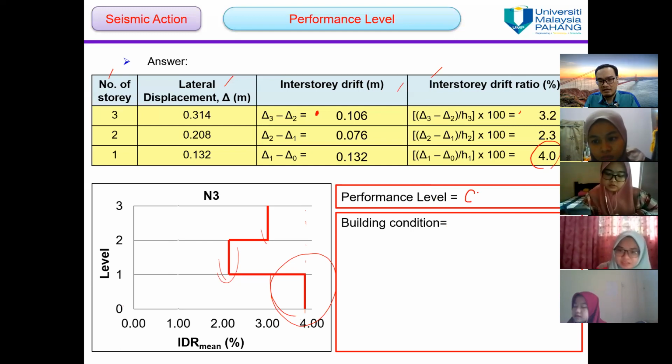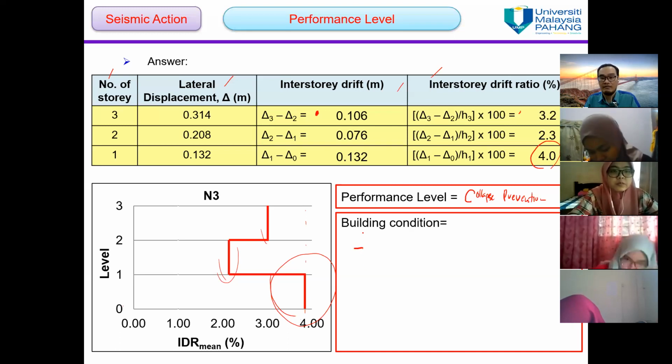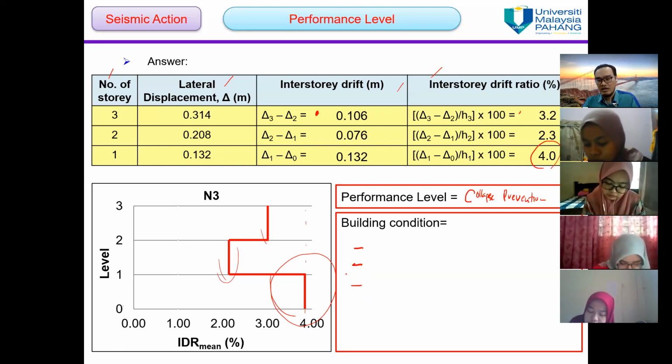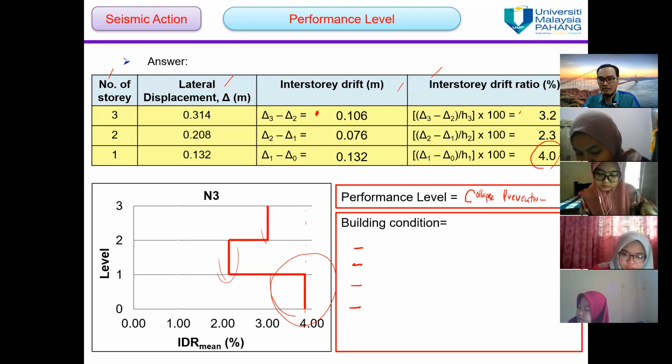Yes. Then you have to write down the building condition. Maybe it is at the verge of collapse, with significant stiffness and strength degradations. Maybe the repairing work is not practical, so it is better to demolish that building. You can refer back to the notes.